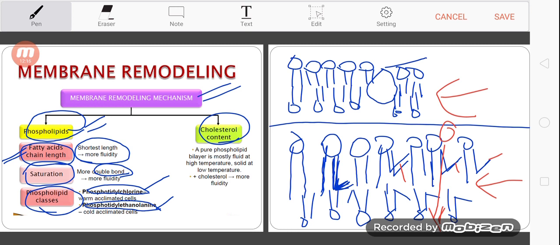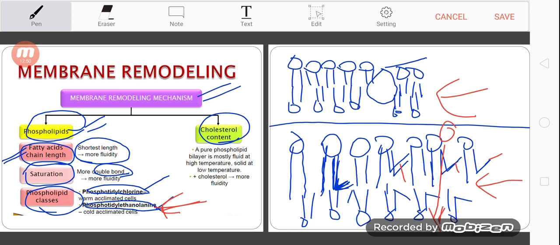Vice versa for the second one. Cells in a cool environment at all times tend to become rigid or solidify, so the cell changes the composition of its phospholipid classes to this type, which makes the cell membrane more liquefied in a cold environment.